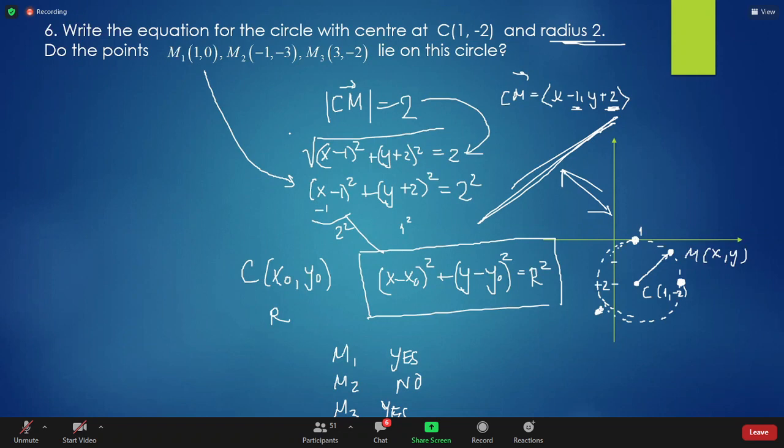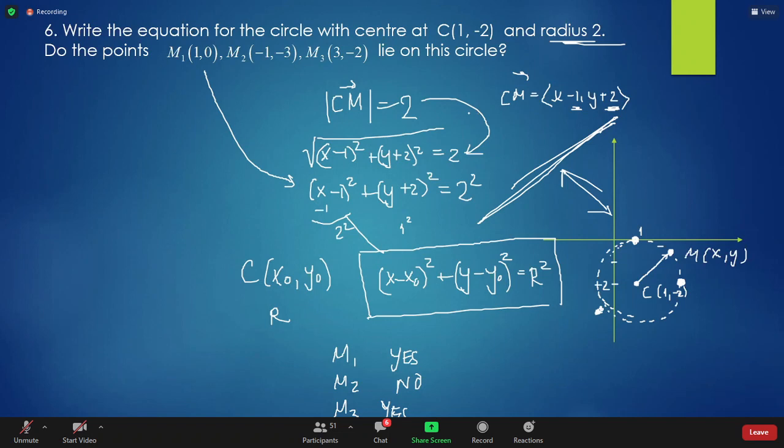We can also use this equation to determine whether a point lies inside or outside the circle. All we have to do is see whether the square of the distance from the center, the left-hand side, is greater than 4 or less than 4. That would be again something that we can use such an equation for.